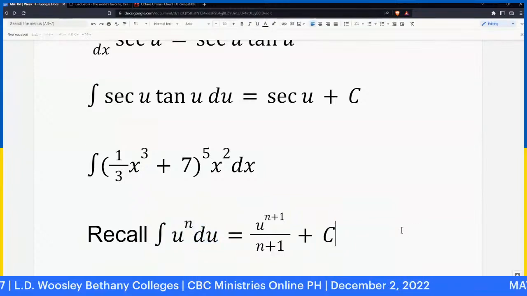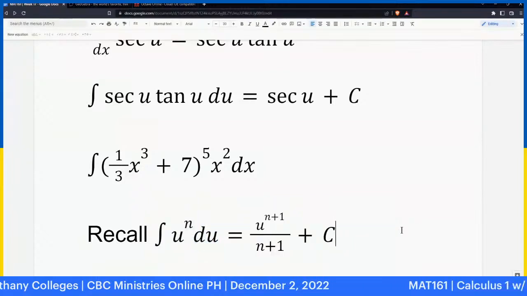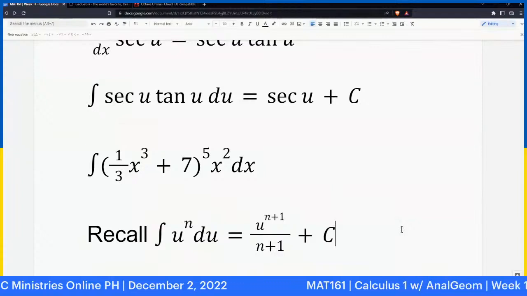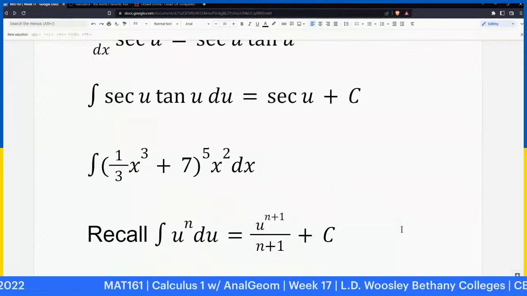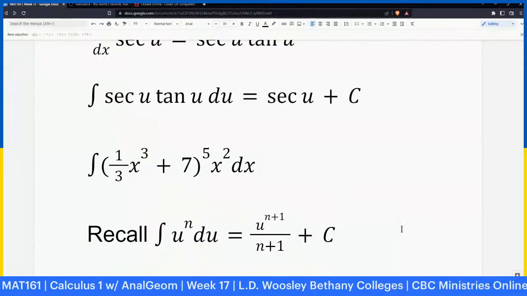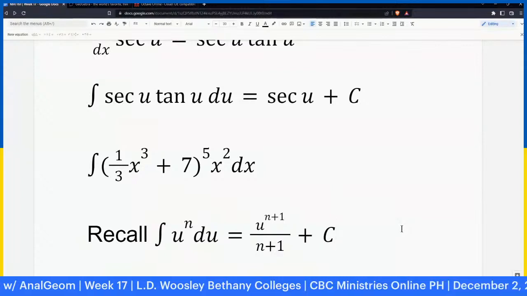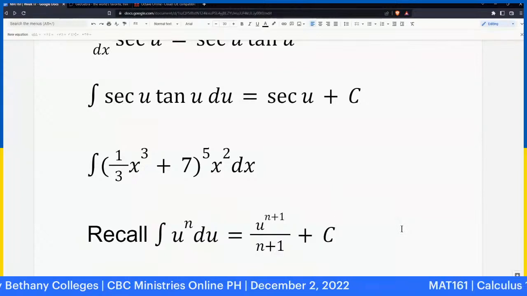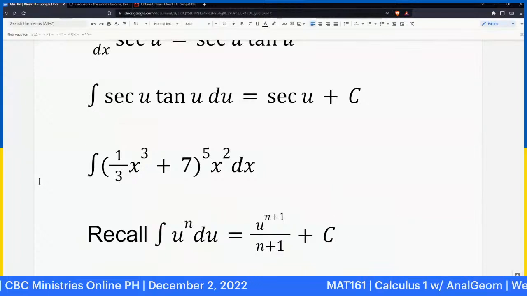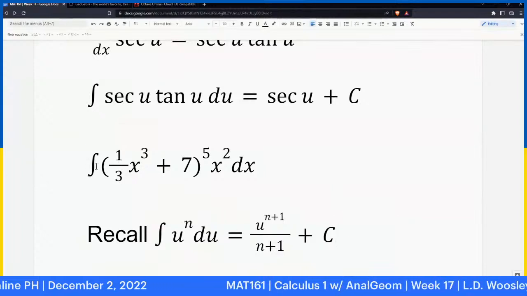Okay, Banji and Nora, what is U? U to the power of, hindi, U muna tinatanong ko. Ito, dito, tingnan mo dito.